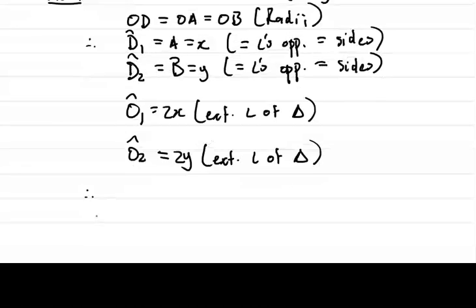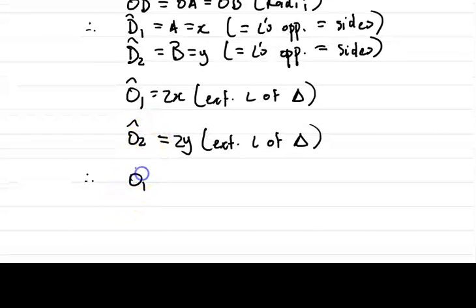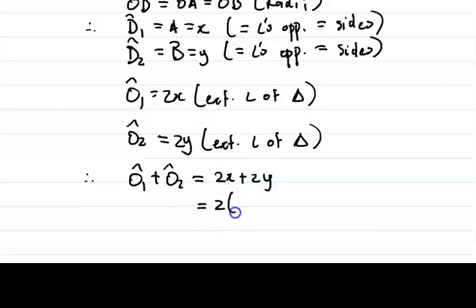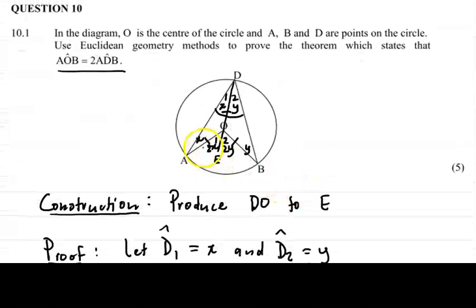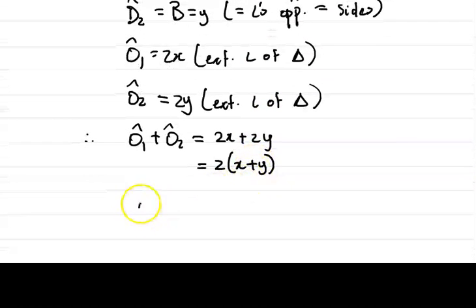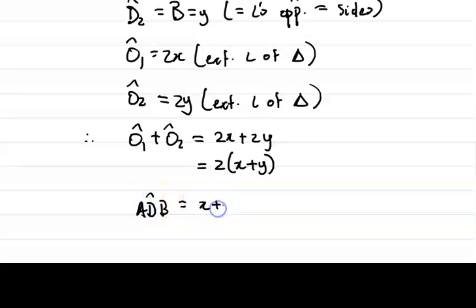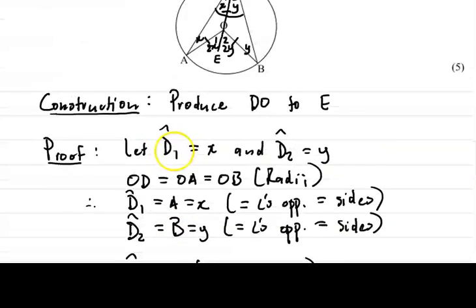Therefore, what can we conclude? We can conclude that O1 plus O2 is equal to 2x plus 2y, which is equal to 2 into x plus y. What else can we conclude? We can conclude here that ADB is equal to x plus y. At the same time, what is O1 plus O2?